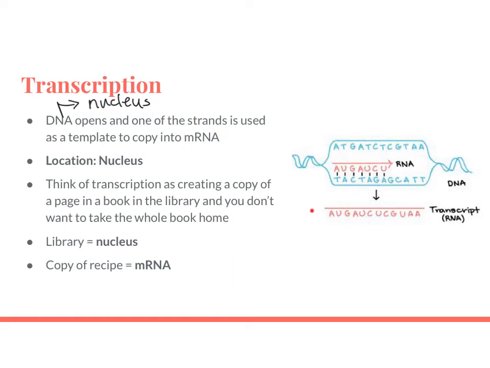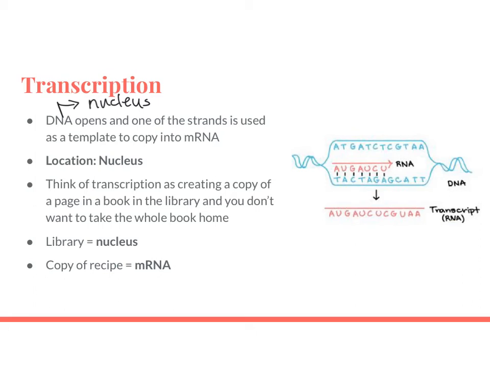So we need that little mRNA strand because it's smaller and it can leave the nucleus, because this is always occurring inside the nucleus. DNA is too big with the double strand to leave, so we transfer it into mRNA to let it leave.